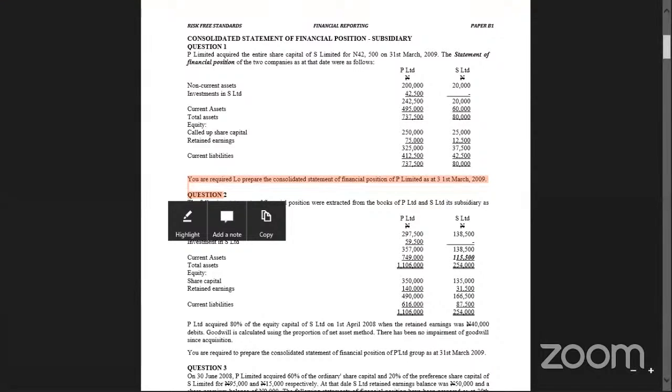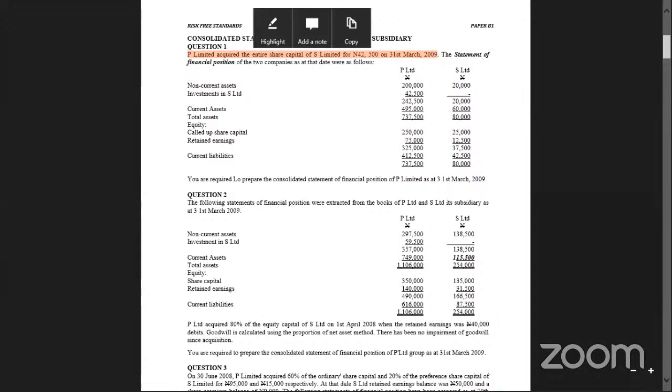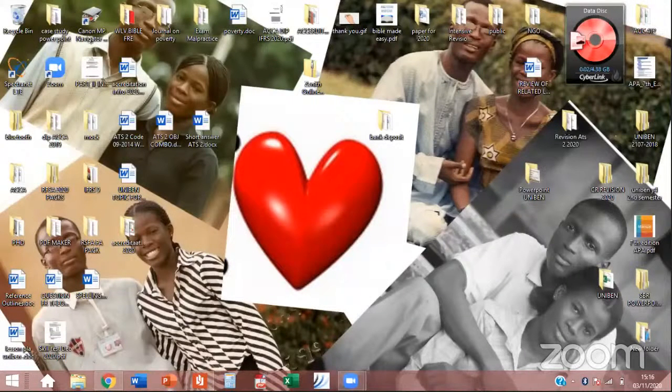Before we move ahead, we are told that P acquired the entire share of the subsidiary, it means that subsidiary is a wholly owned subsidiary. If you get that to be a wholly owned subsidiary, what are the facts and things that we need to look at? So let's quickly look at them as we move ahead.